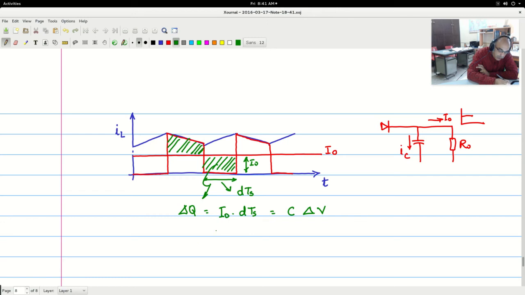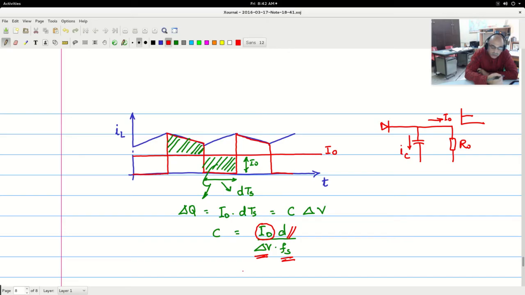So you have a way of calculating C, rearranging this. You have I naught D divided by delta V into Fs. So you see that I naught is specified, D is calculated from the input-output relationship, Fs is specified and given, and delta V is a design spec.